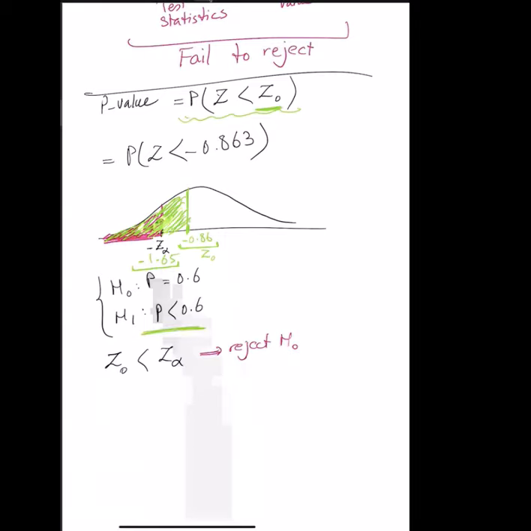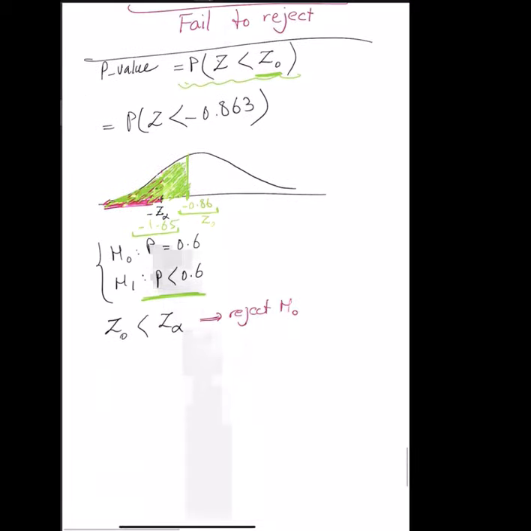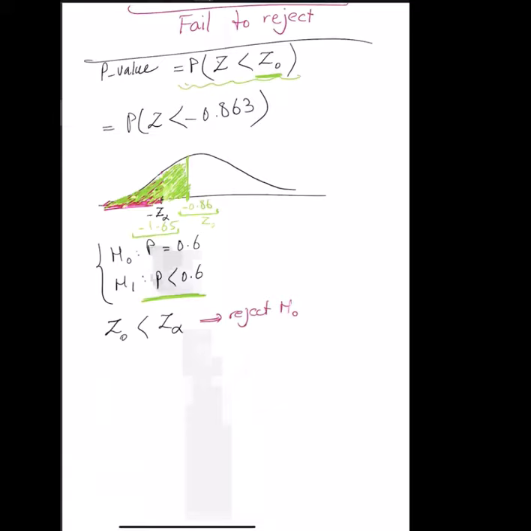So based on what you see here, the green area is my p-value. That's what p-value is: probability of z less than z naught. So the green area is p-value.